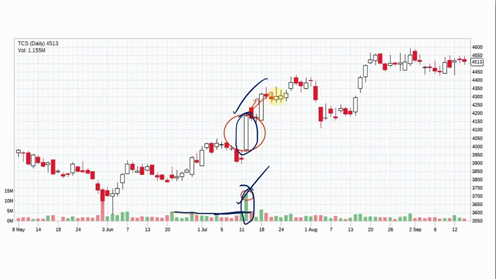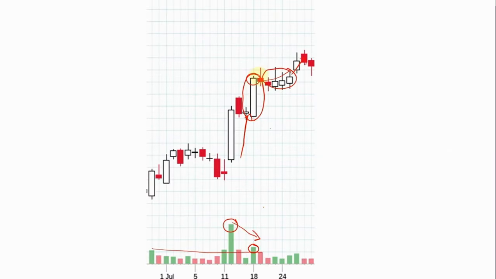Here both price and volume confirm each other, indicating a genuine uptrend and trend continuation. Just see the same thing here: a wide-spread white candle with high volume, and the trend is continuing, isn't it?